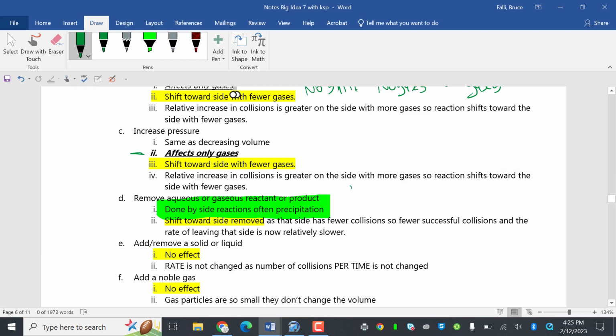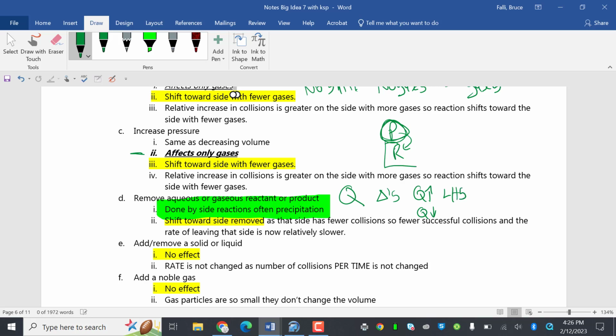Okay, so let's go back to it. Look at what happens to Q. So Q changes. If Q goes up, this is why I always write P over R, I have too many products, so it will shift to the reactant side, the left-hand side.